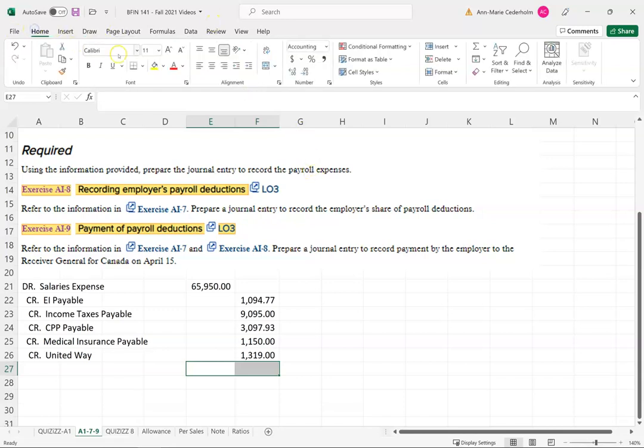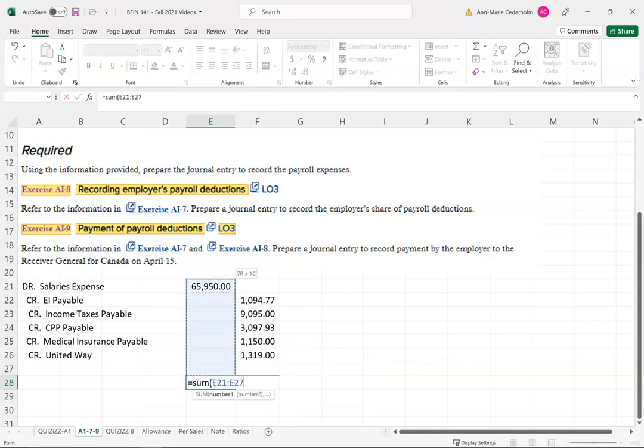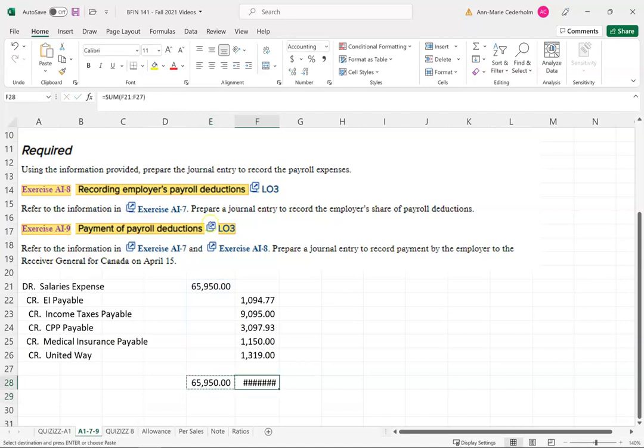So once I do that, I'm going to try and figure out how to balance out my journal entry. So the quickest way to do that is just to add up both sides. So I'm adding up this side and then I'm adding up this side. So this side is 65950 and this side is 756.7.